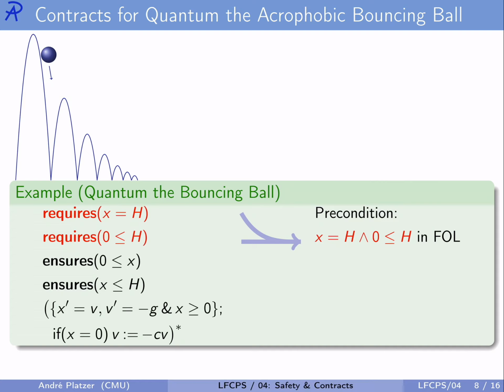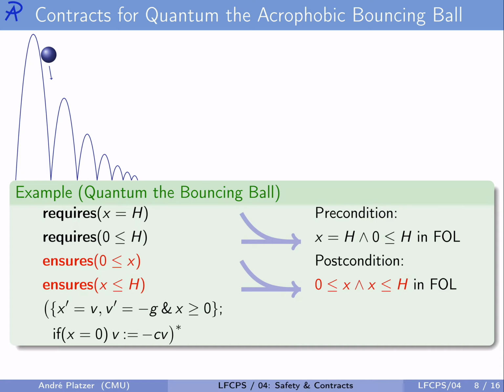What do we do then to render the postcondition in logic? Similarly, we could take the postconditions, squeeze them together into a single logical formula, 0 ≤ x and x ≤ H, which is a perfectly legitimate first-order logic formula.